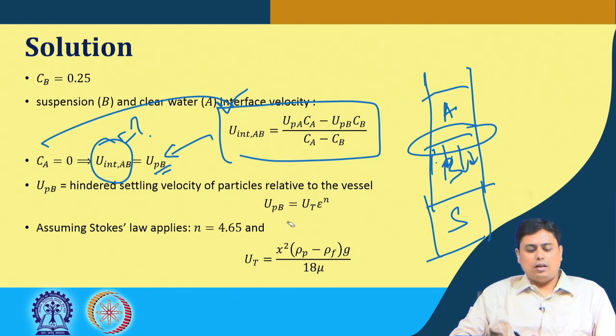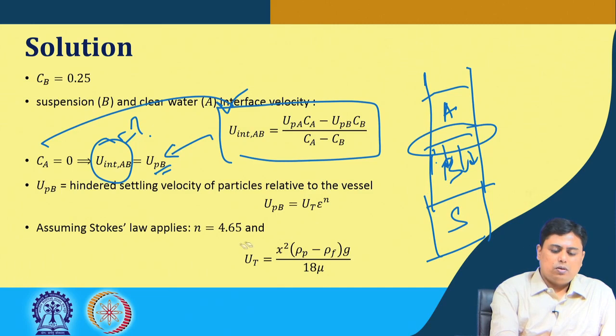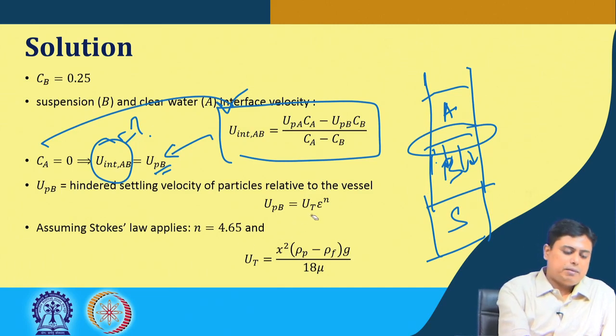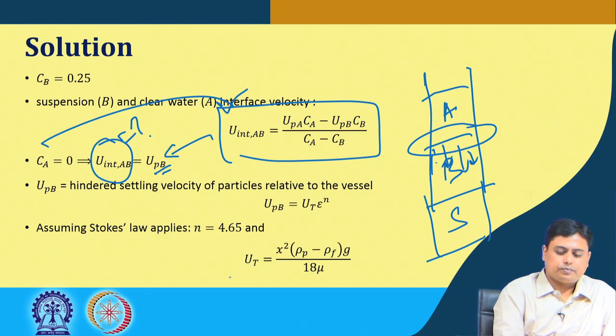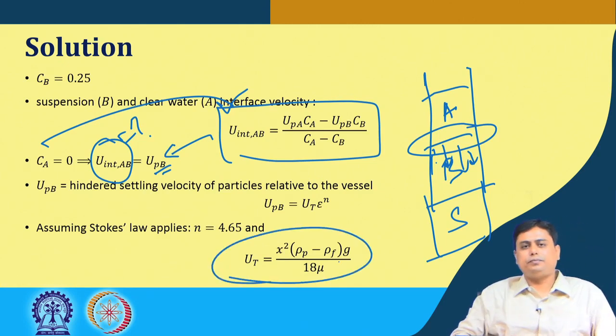Also, the single particle terminal velocity is given by this expression: x square multiplied by the relative density multiplied by g, divided by 18 mu.